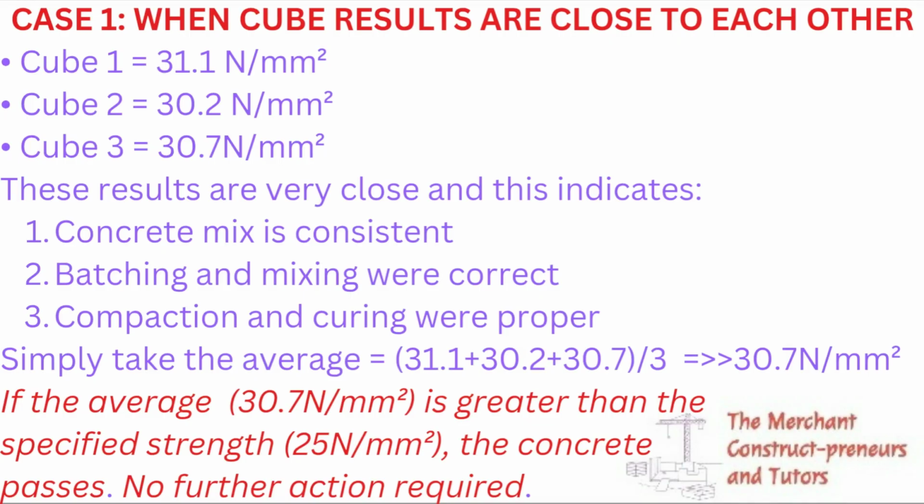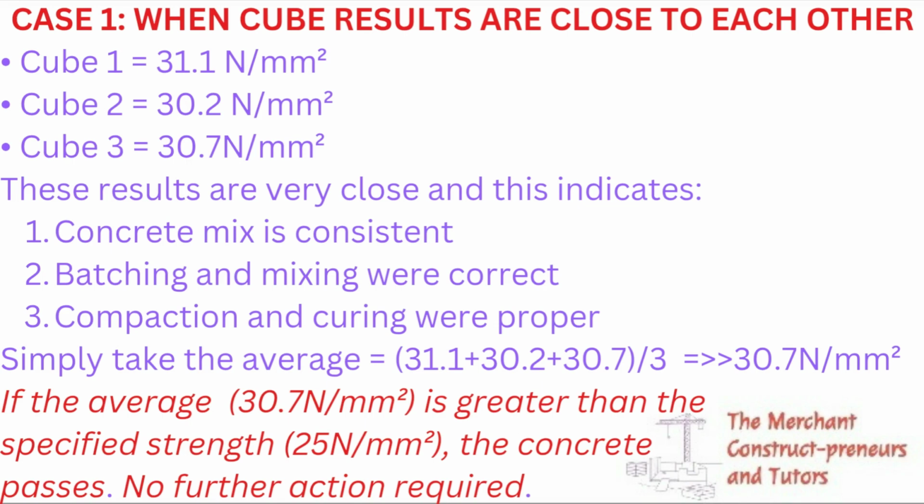So you simply take an average if they are close together. 31.1 plus 30.2 plus 30.7 divided by 3 gives 30.7 Newton per millimeter square.